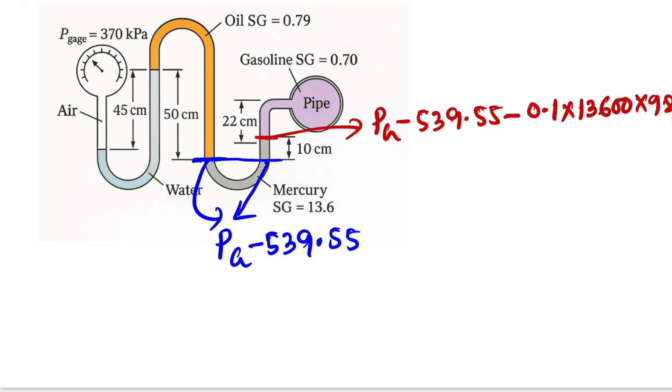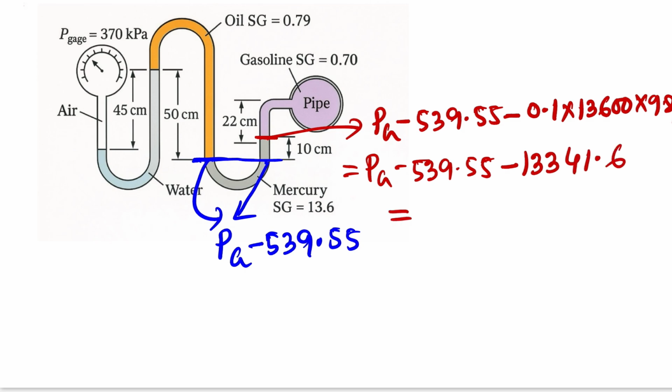So if I do the calculation, that will be PG minus 539.55 minus 13341.6. Finally, PG minus 13881.15. So now we got the pressure here.